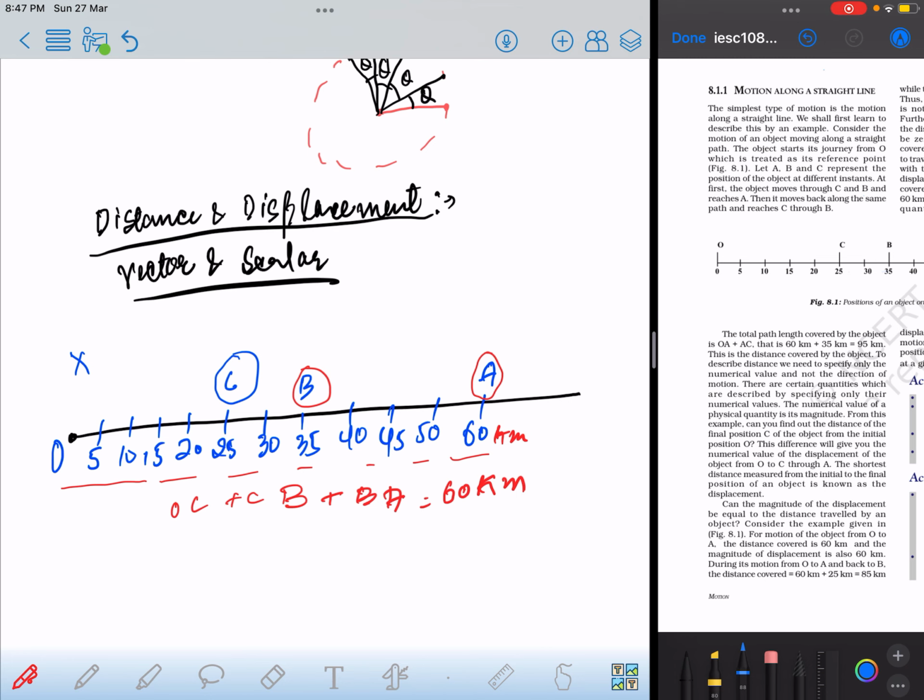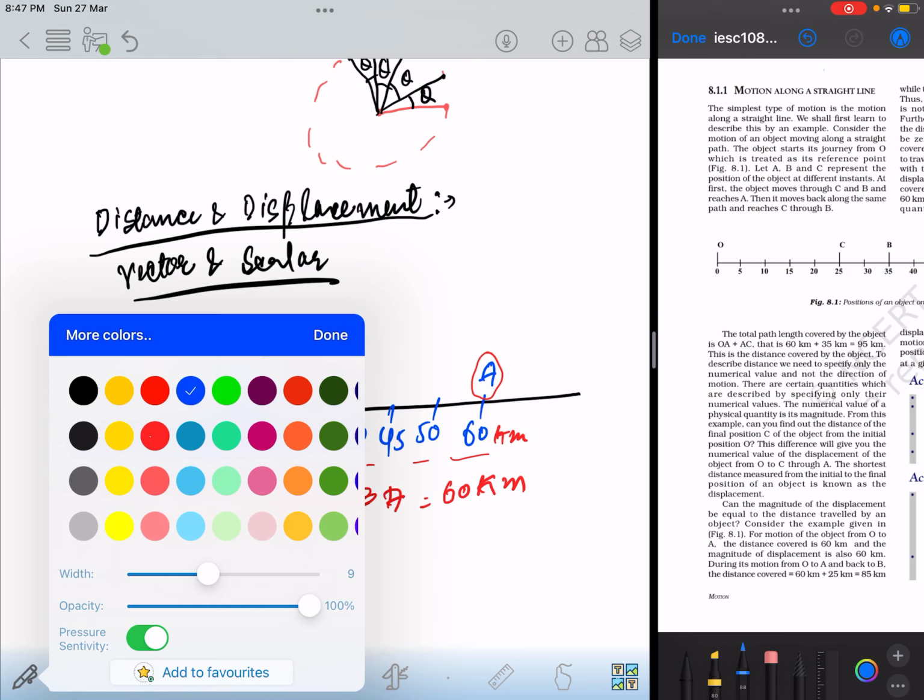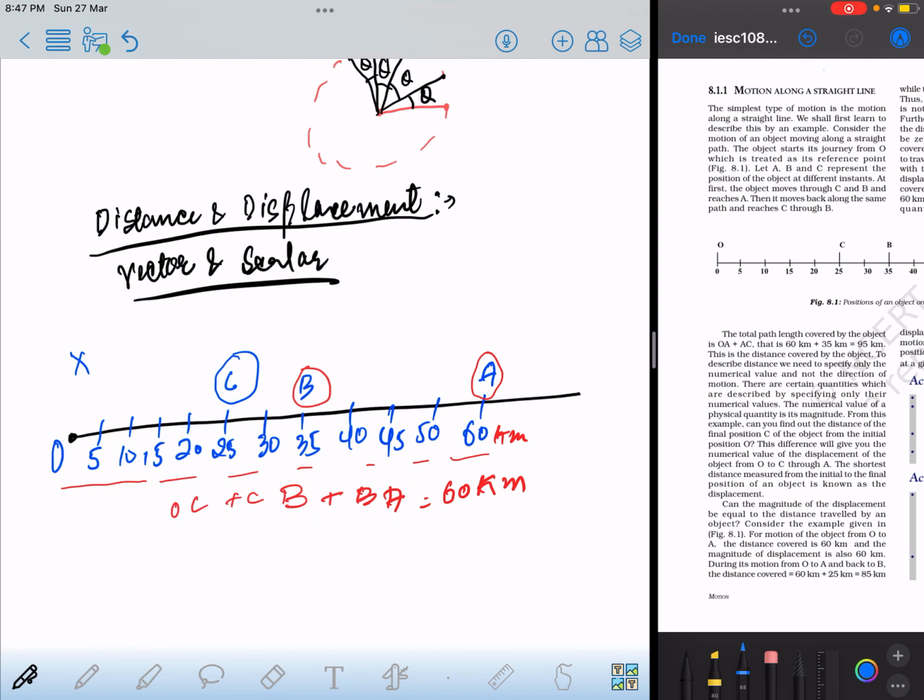Then it comes back again and reaches C. First the direction of motion was in this direction, and now the direction is this way, right and left, and then it reaches again AC.